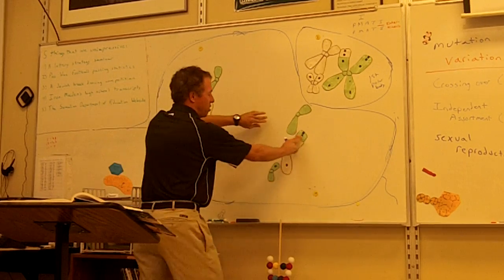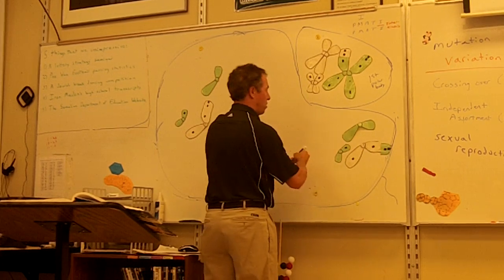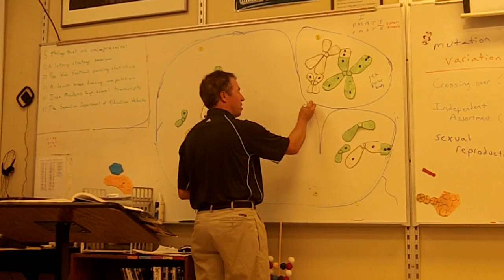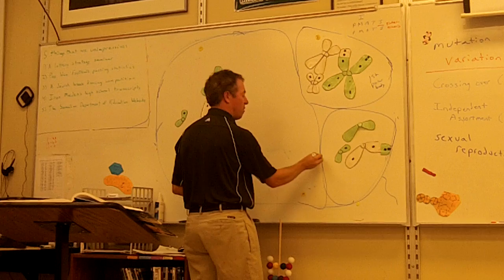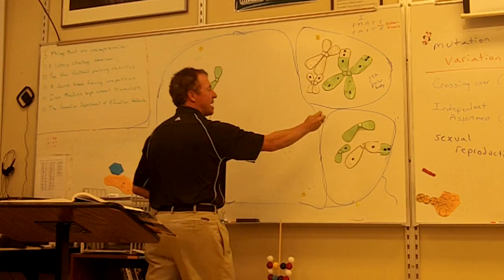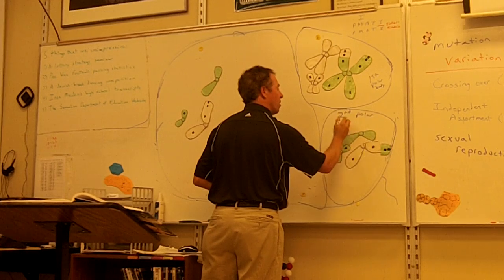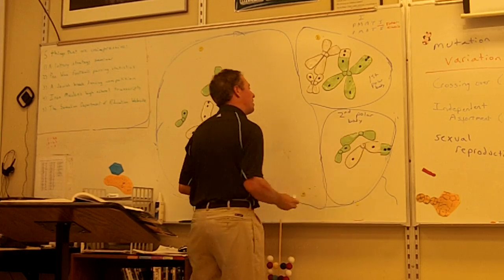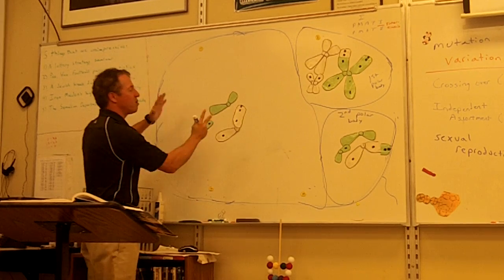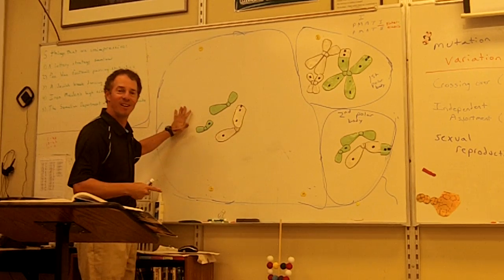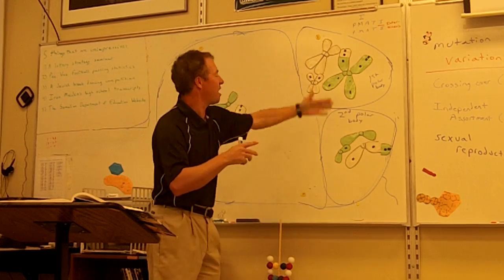And then it'll split in two, but it also splits unevenly. And there's a pinching inward here and here. And that's called a second polar body. Does it die? It dies too. So the female only has one surviving cell out of the 3 here.